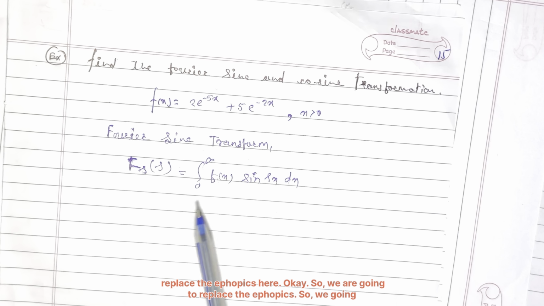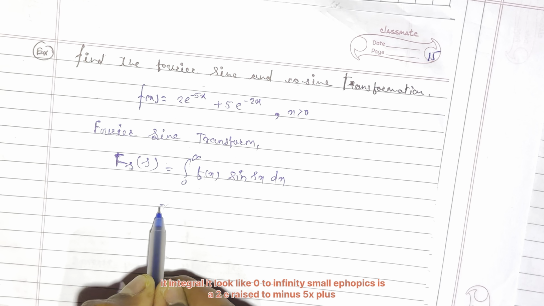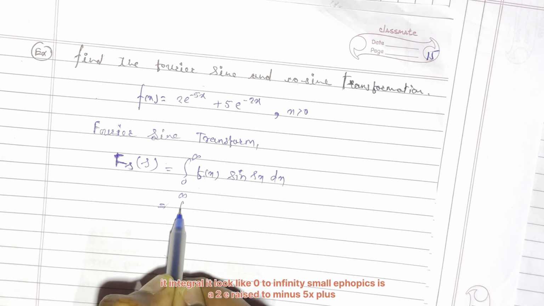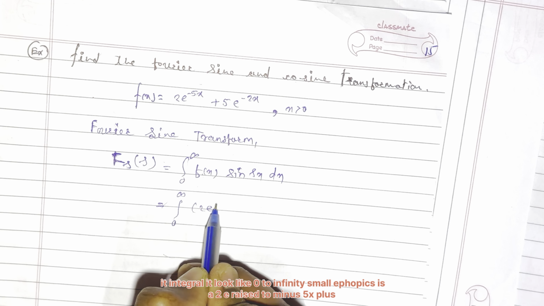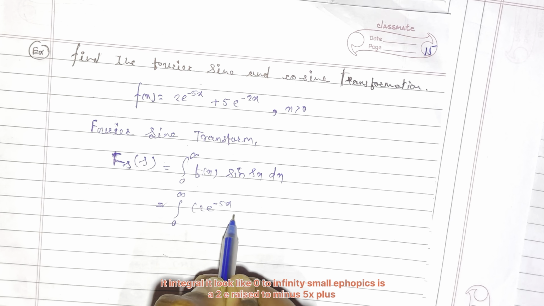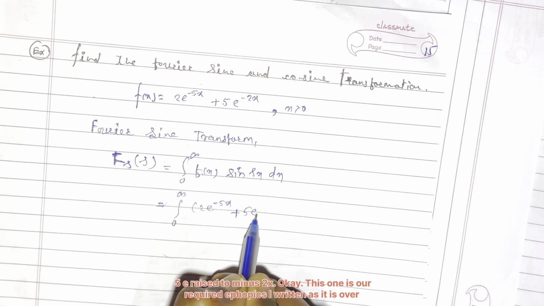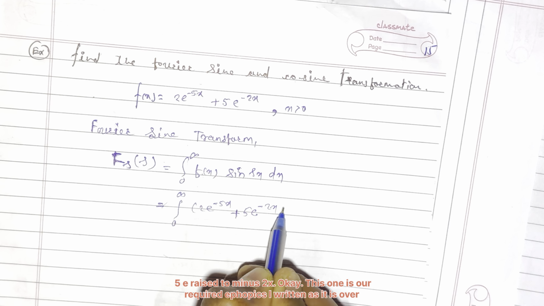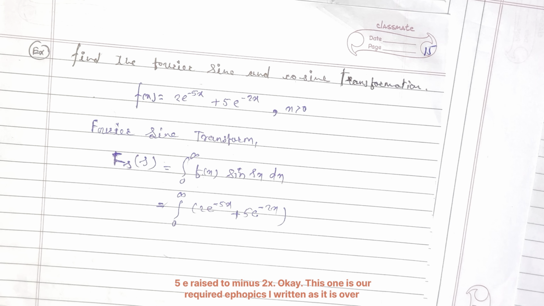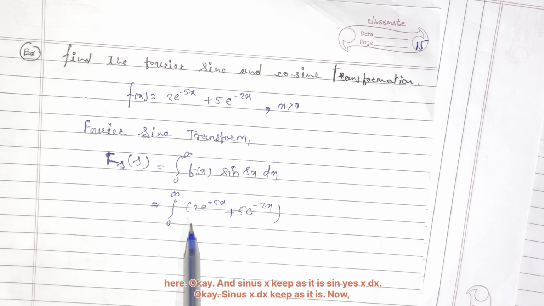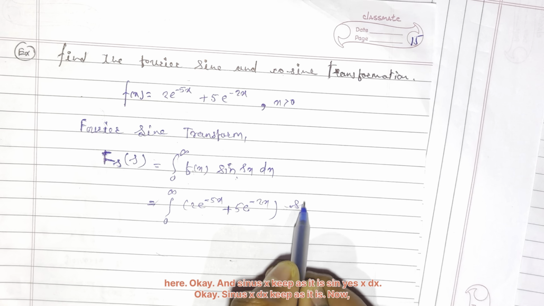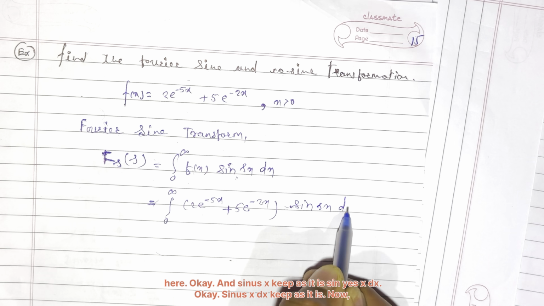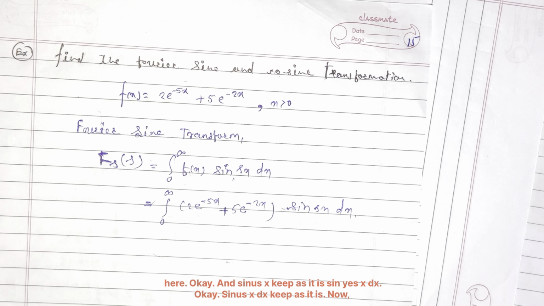The integral looks like 0 to infinity of 2e raised to minus 5x plus 5e raised to minus 2x, written as it is, and sine sx dx keep as it is.